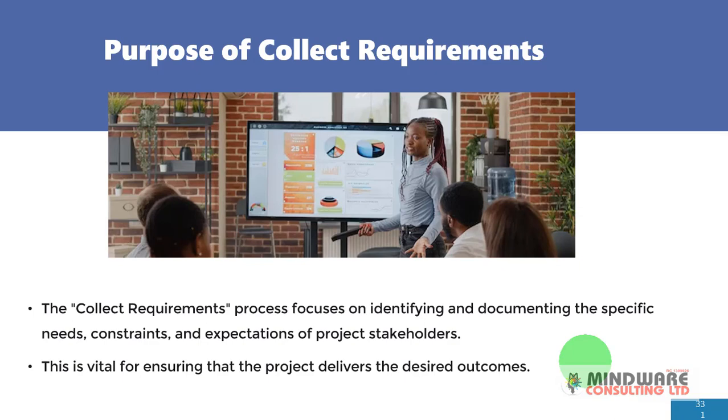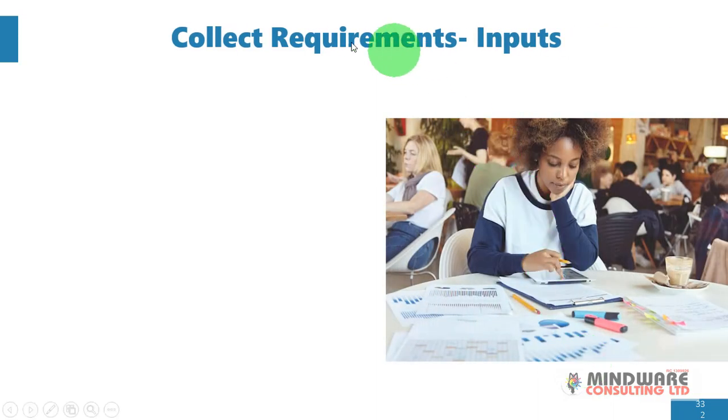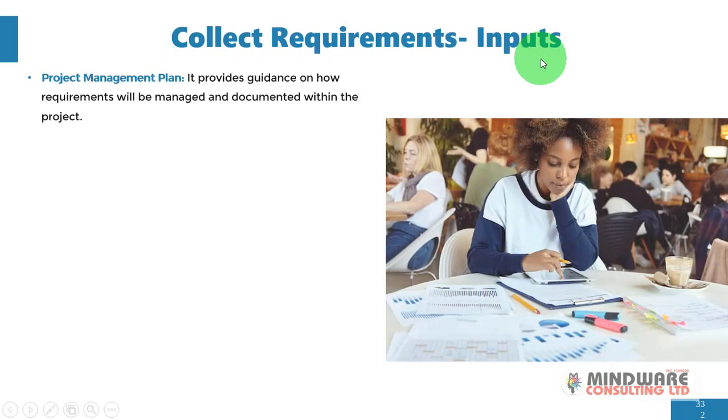Now let's look at the inputs in collect requirements. Collect requirements inputs. First is the project management plan. It provides guidance on how requirements will be managed and documented within the project.